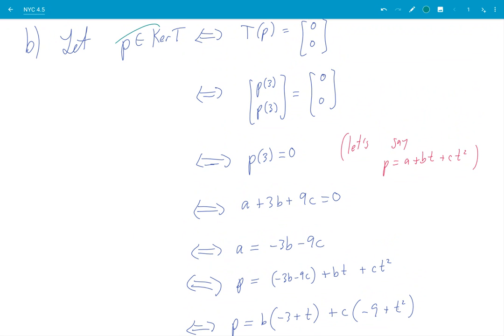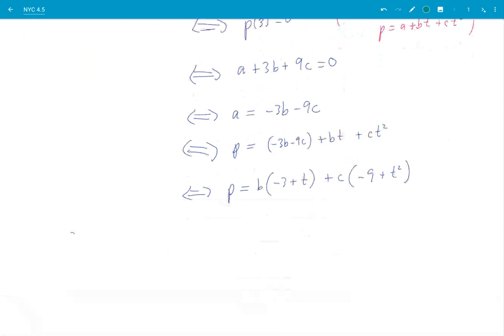So I've shown you that if something is in the kernel, something that looks like this, then it must be of this form. So what does that allow me to conclude? That the kernel of T is exactly the span of t minus 3 and t squared minus 9.